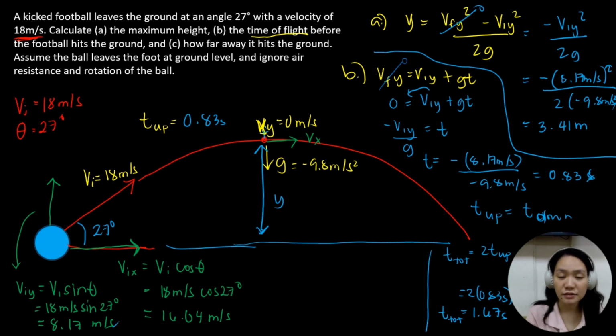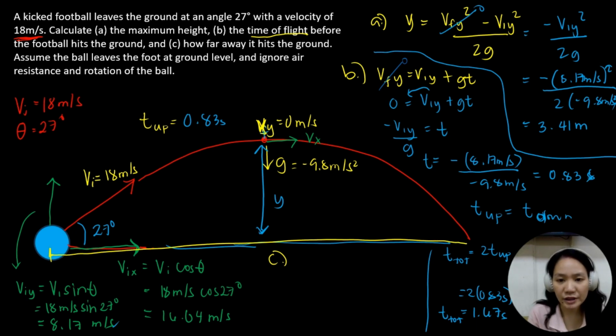Now, how about letter C? Letter C is asking for the range of this projectile, the distance from the point it was launched up to the point it lands. So we're looking for range, or in this case, delta x.